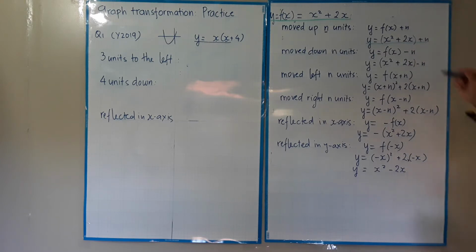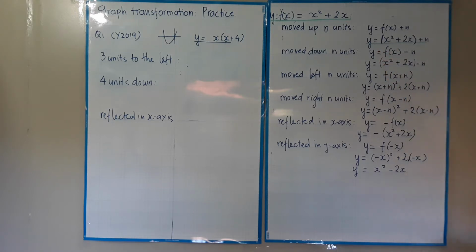Remember, x squared plus 2x here is from the original one. If it moved down n units, you take away n from the right side of the equation, and you would have x squared plus 2x, take away n, and again x squared plus 2x here is from the original one.